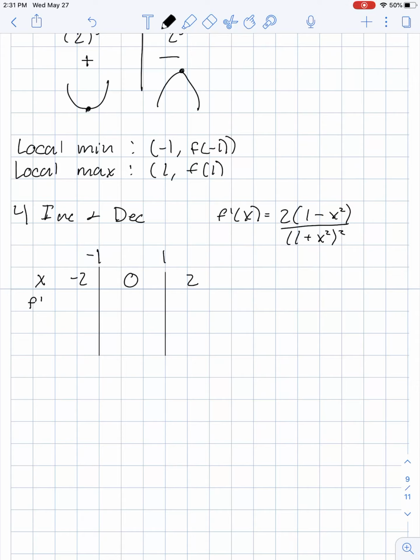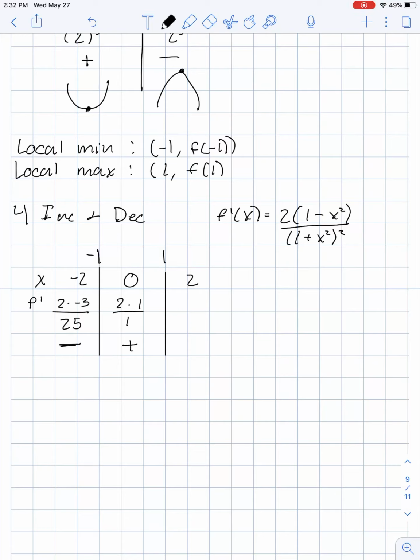So if we plug in -2, we'll get 2 times 1 minus 4, so it's like -3 over, let's see, 1 plus 4. So it's 5. 5 squared is 25. So that's going to give us a negative number. If I plug in 0, I'll get 2 times 1 over 1, so that's a positive.